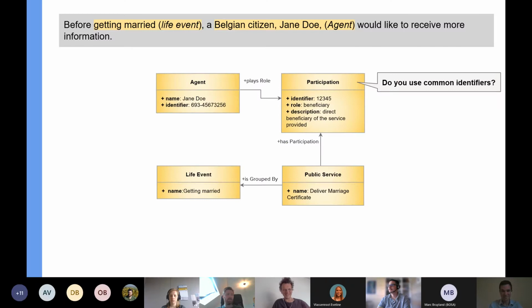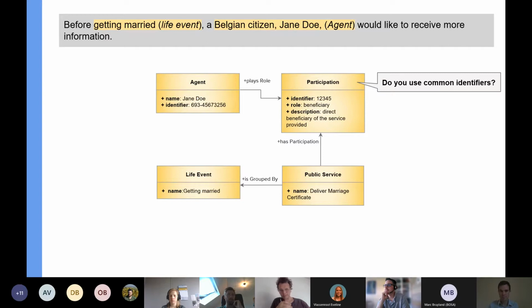Okay, perfect. At this stage, when requiring information about this specific public service, I think the main common identifiers are those of the public service itself and the generic offer that is given by government and public organizations, not so much the agent that requires information about the public service.